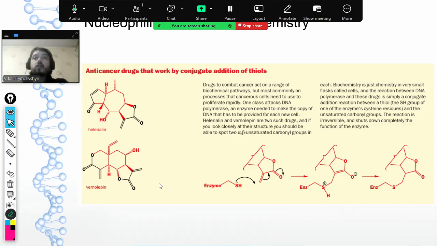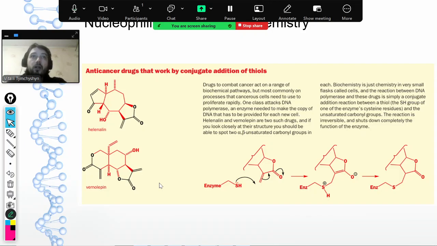Drugs to combat cancer act on a range of biochemical pathways, but most commonly on processes that cancerous cells need to use to proliferate rapidly. They rapidly proliferate, and we don't want that. Most cells in our body don't proliferate at all or do so really slowly, with only small exceptions.